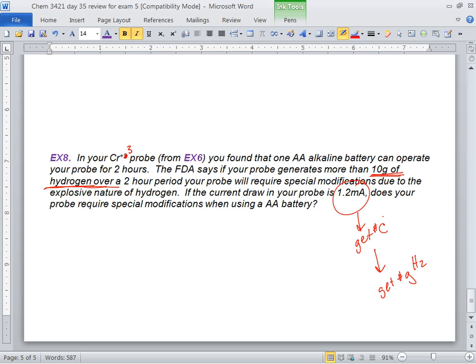So you're going to need a mole bridge to do that. You got to remember, when you start out in the very beginning, you got to remember what milli is. Remember what an amp is, so you can solve for coulombs.